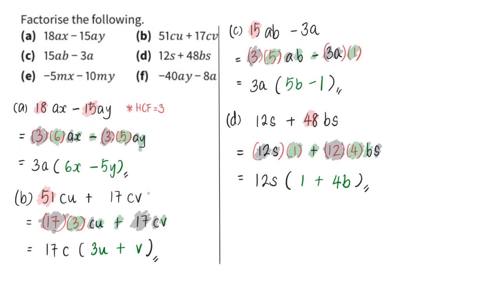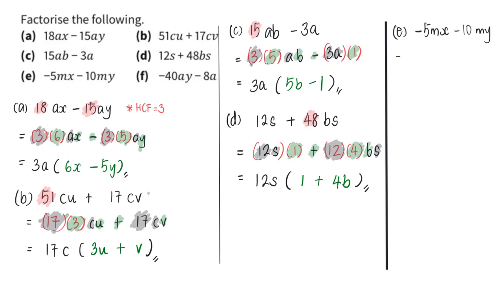And let's move on to part E. Negative 5mx minus 10my. Alright, for this particular question, if I see a negative, I would take it out.